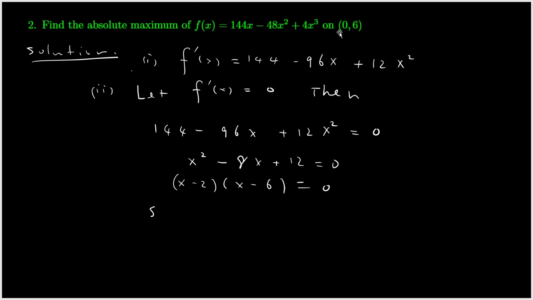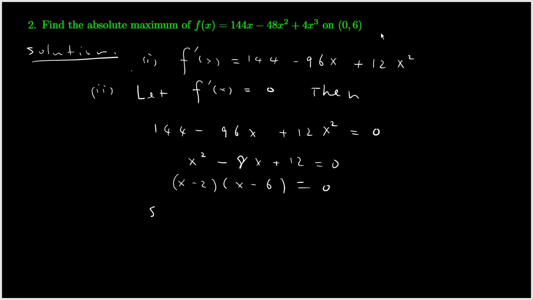It's not too tricky. 6 is not a critical number. 2 is a critical number. You see 6 is not in the domain, right? You look at the interval.